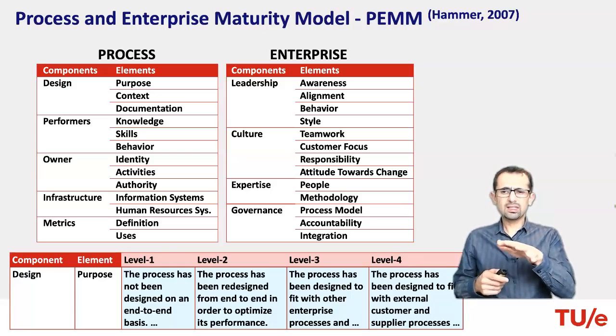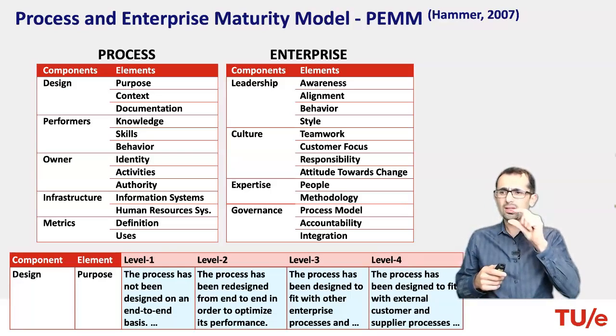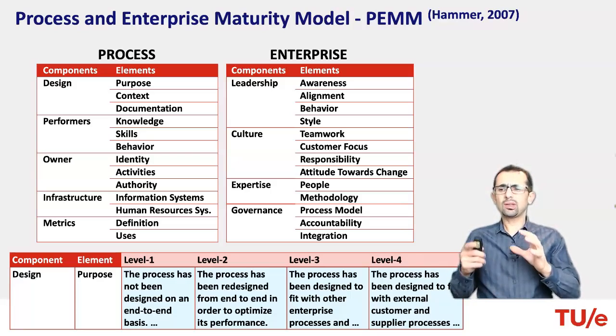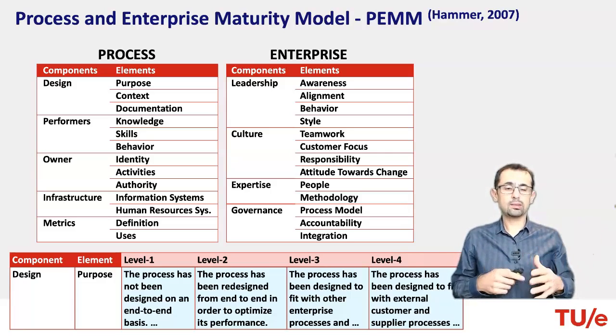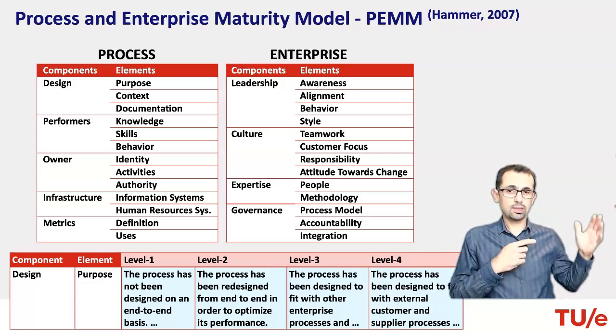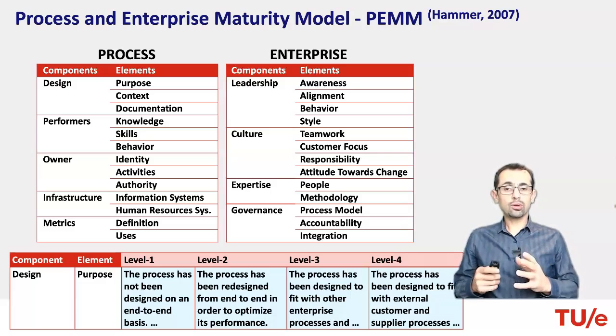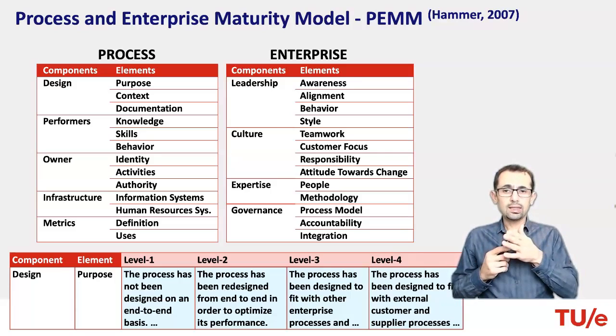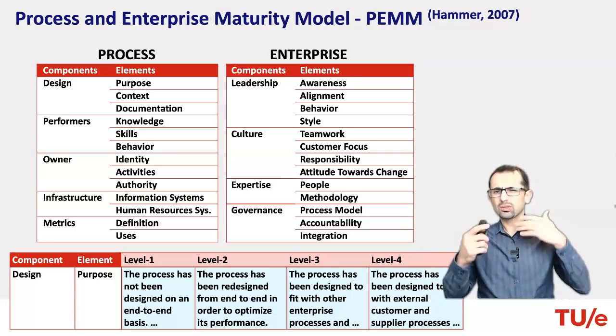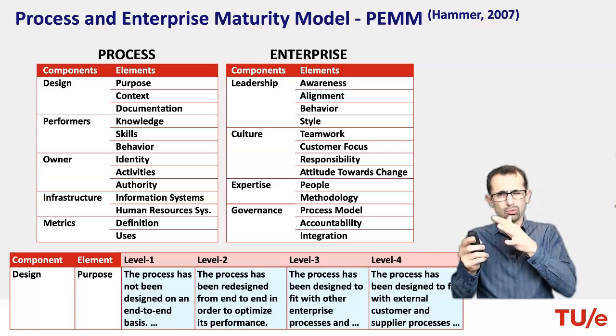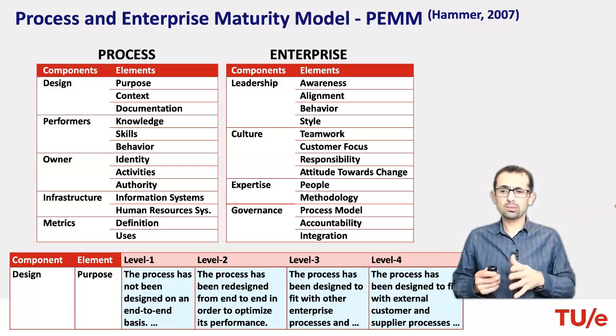This, for instance, is an example of the first one, design purpose. It says, take an organizational process, whatever processes the organization performs, and for each process, look at its design, focus on its purpose, and see where you are in this spectrum from level 1 to level 4, or you can also imagine it as level 3 to level 5. It's quite similar.